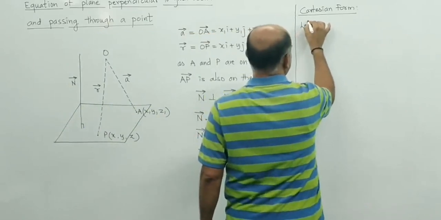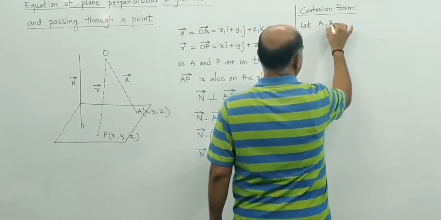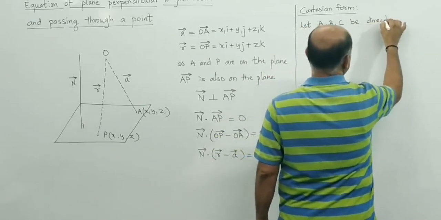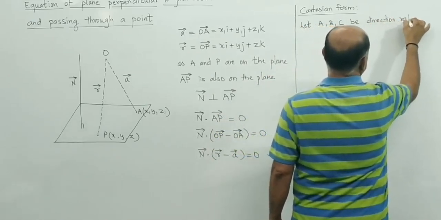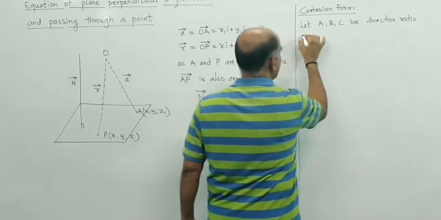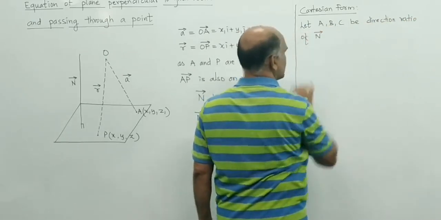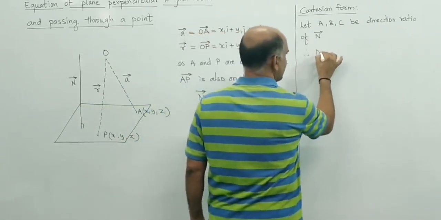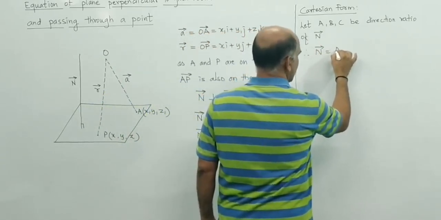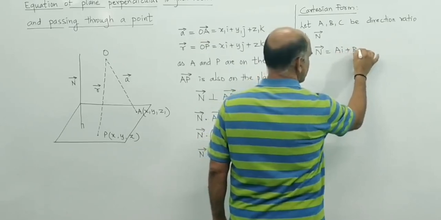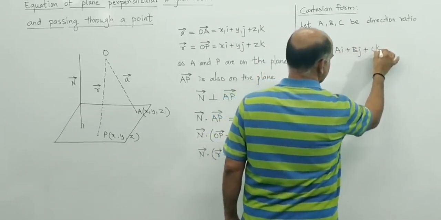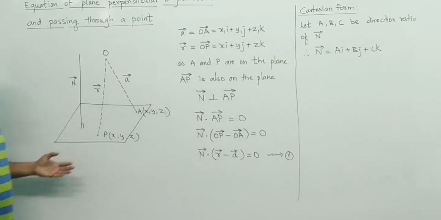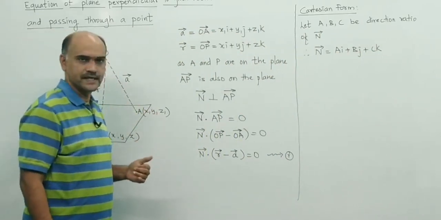So let a, b, c be the direction ratios of n. So vector n can be written as a i plus b j plus c k.